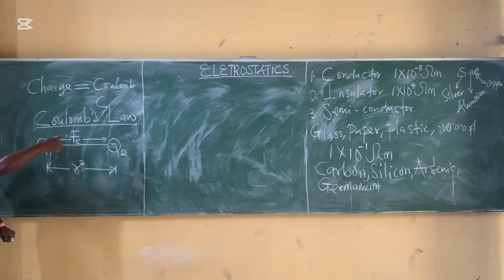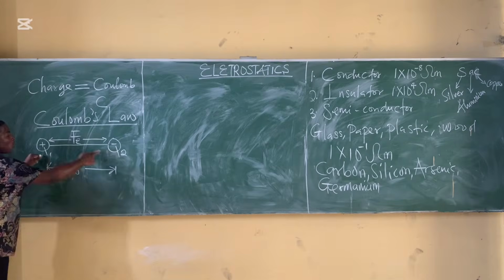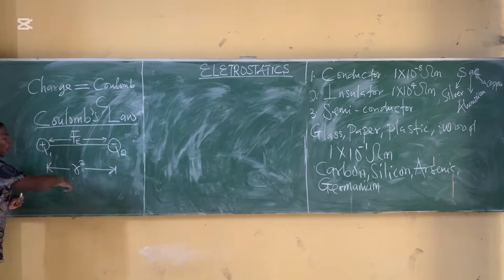But what Coulomb is talking about is that between a point charge, Q1, and another point charge, Q2, separated at a distance, and we don't know the distance, alright? But the distance is always squared. Coulomb is saying that the product of these charges, Q1 and Q2, is inversely proportional to the square of the distance separating them.